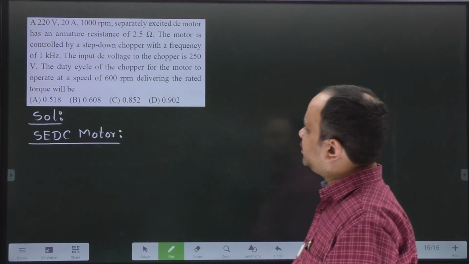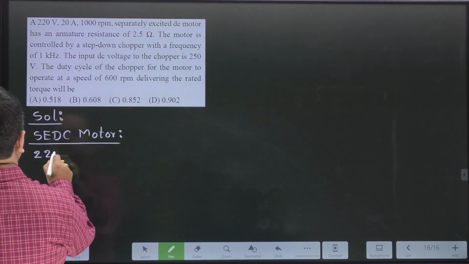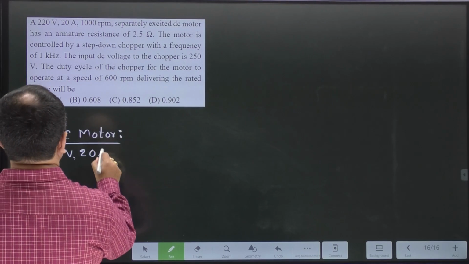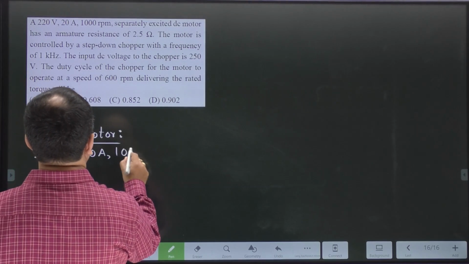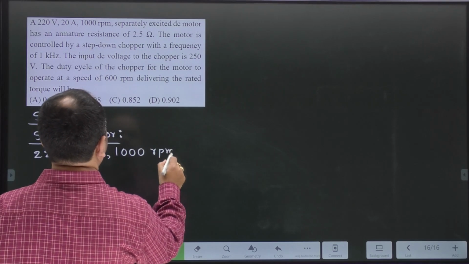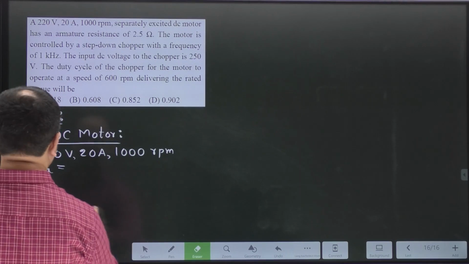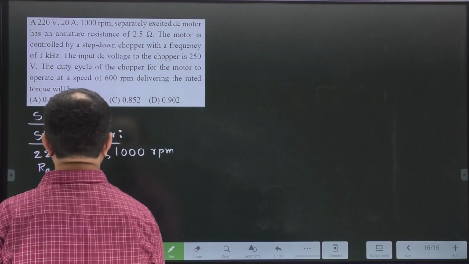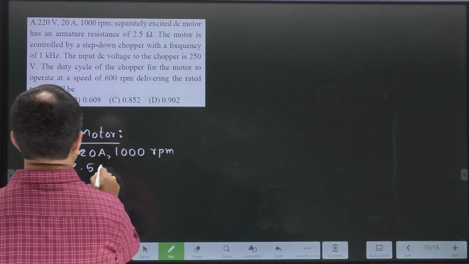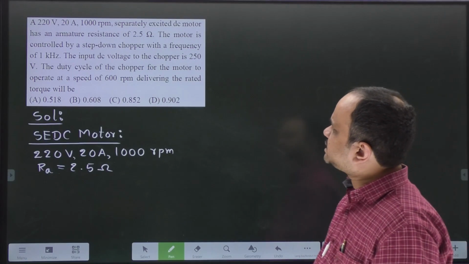Its ratings are 220 volt, 20 ampere, 1000 rpm, and armature resistance is 2.5 ohm. The motor is controlled by a step down chopper.